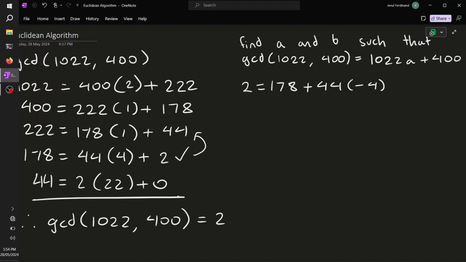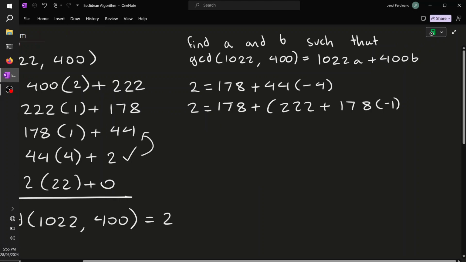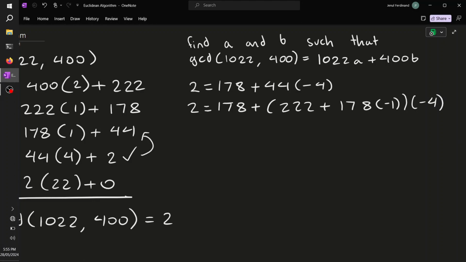Now we have to move up to this line, and we see that 44 is the remainder here. We can actually rearrange this as well and then substitute it into here. So 2 equals 178 plus, and now we can substitute this line, so 222 plus 178 times negative 1, and then times that whole thing by negative 4.